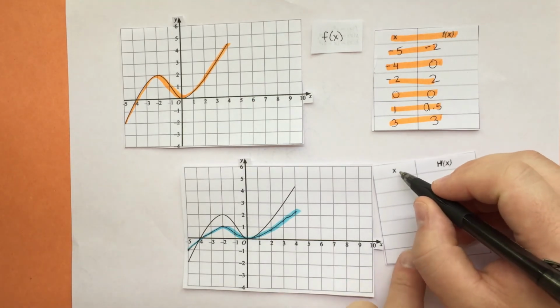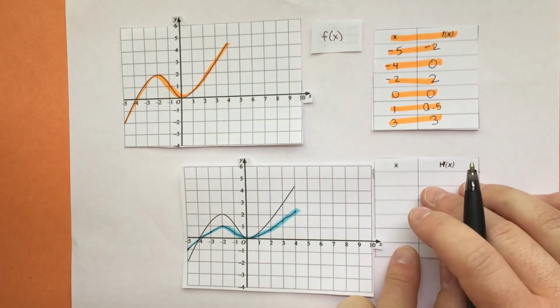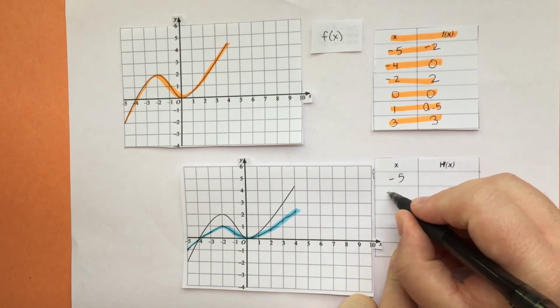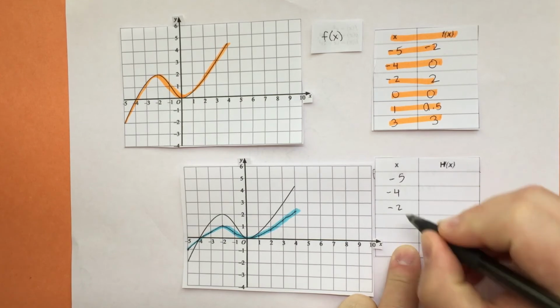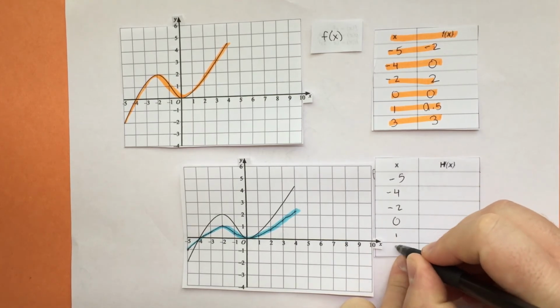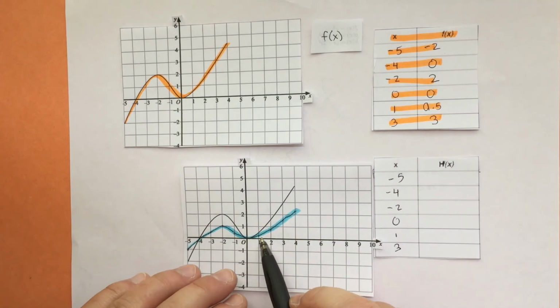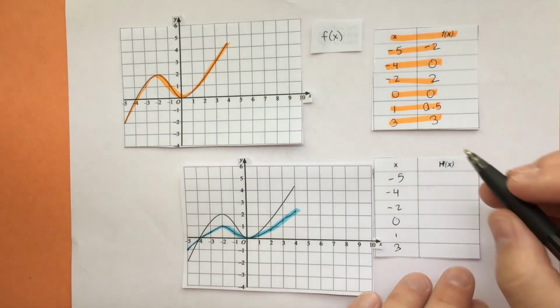Let's look at the graph and see if we can decipher what's going on here. It seems like the same values of x are being used. It hasn't shifted at all. But something's going on here. It looks as though it's changed a bit.